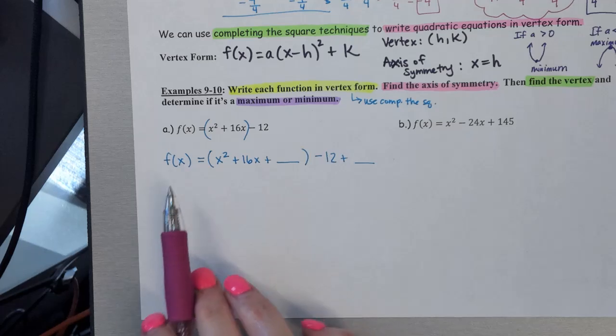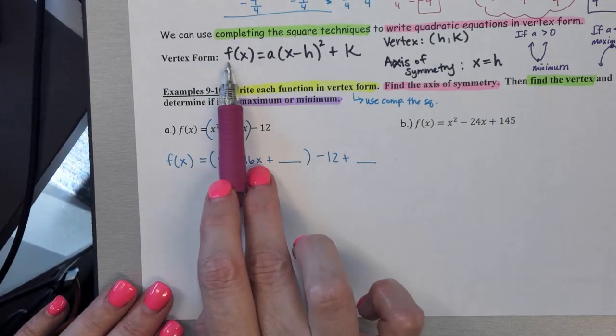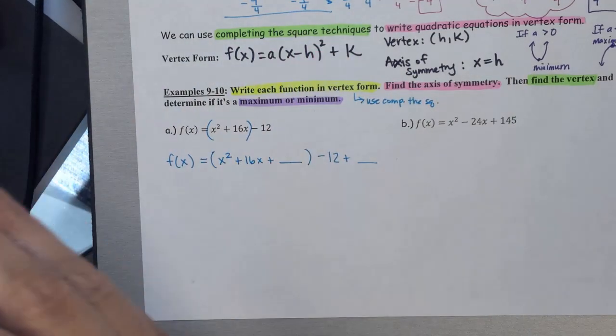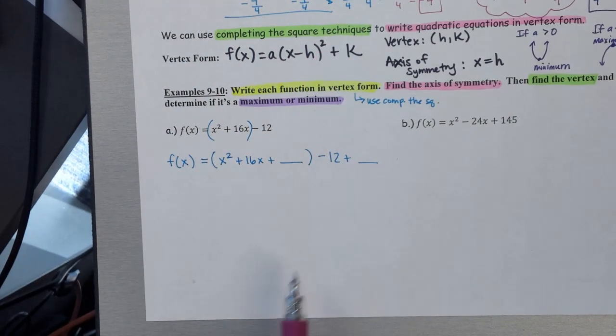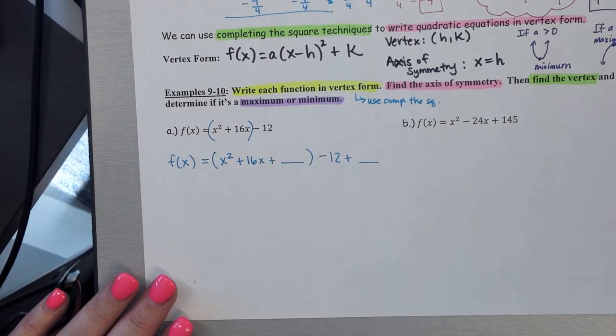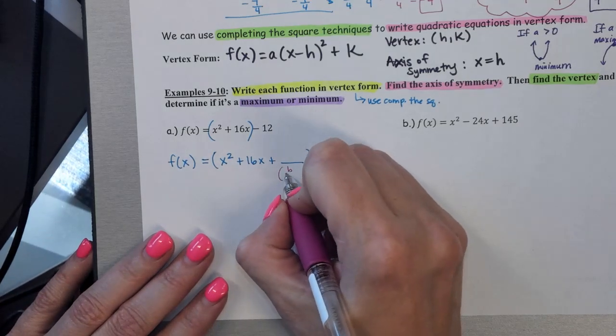The reason why we're going to keep this is if it's in vertex form, you have your f of x. It's going to be an equation. And because you're working with one side of the equation, instead of adding something to one side and to the other side, we have to make sure whatever we add to one side is equal to 0. So we're still going to use b over 2 squared.